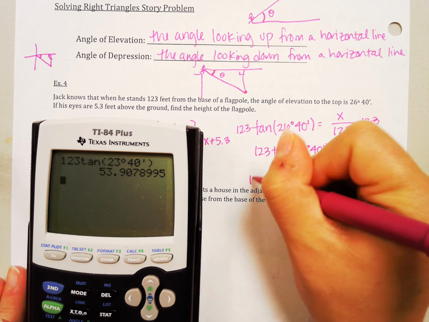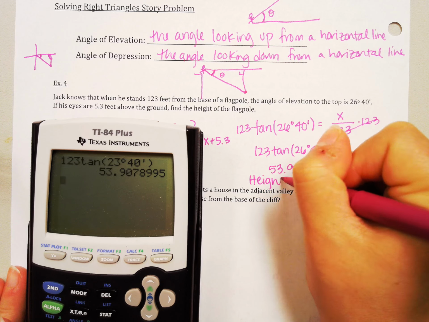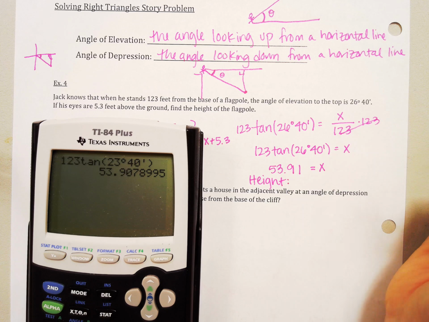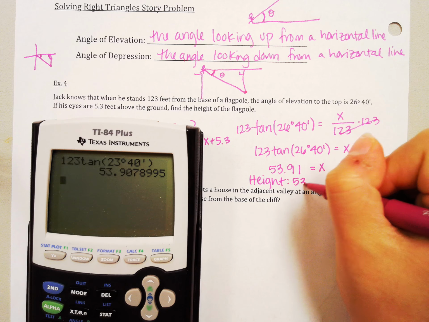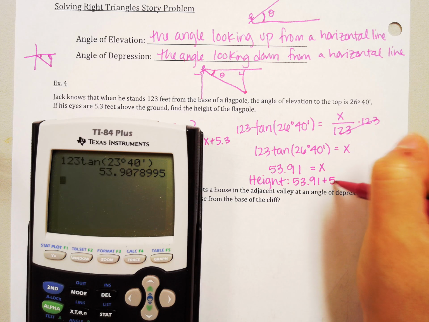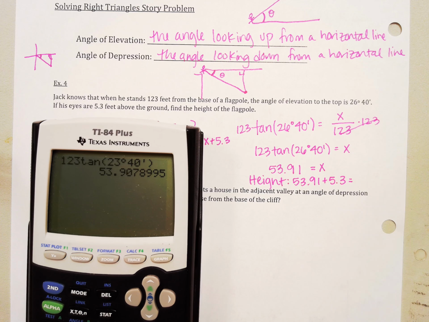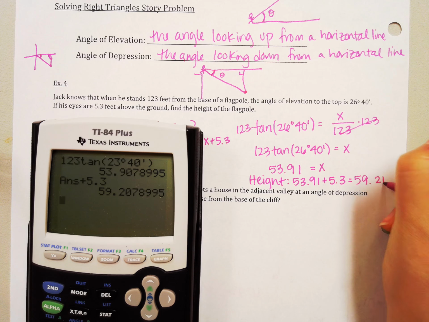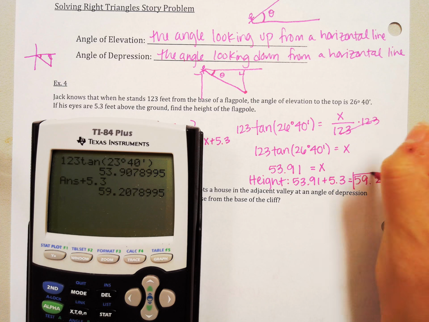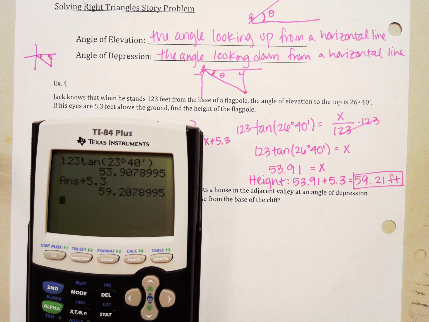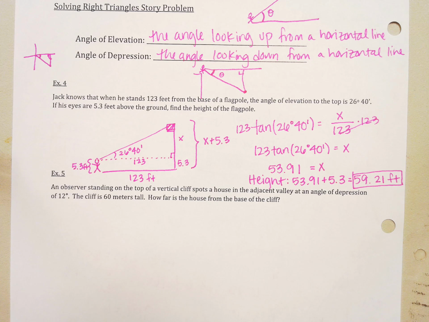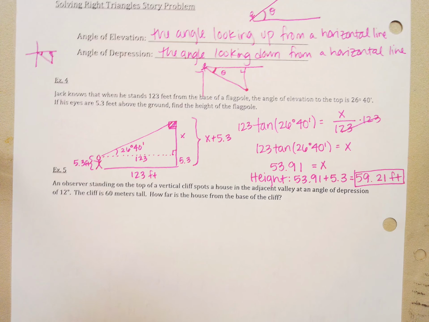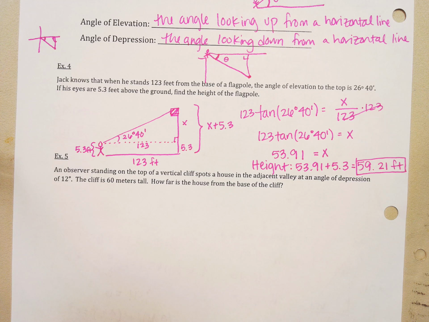So that means my height, because so far I've just found from his eyes to the top of the flagpole, is going to be that plus Jack's height, which is 5.3. And I get 59.21 feet. Okay, we've done problems like that in geometry too, and algebra too, so you should be pretty familiar with this section.